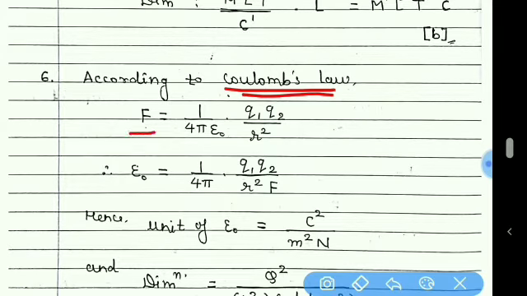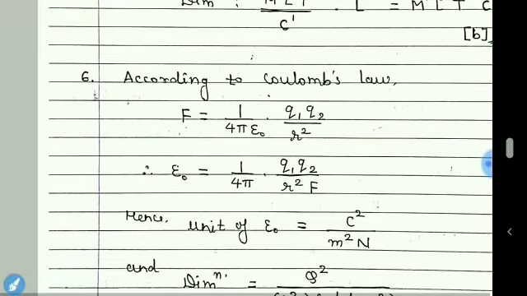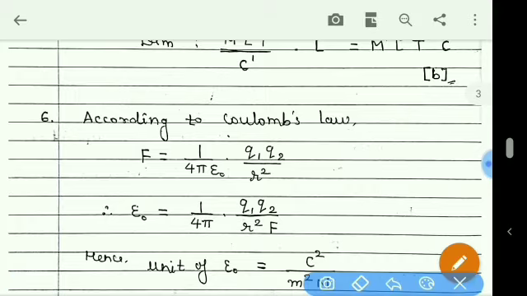F is equal to 1 upon 4 pi epsilon naught, q1 q2 upon r square. So here we will make epsilon naught the subject. So this epsilon naught will move here and force will move to the denominator. So the next relation will be this, making epsilon naught the subject.